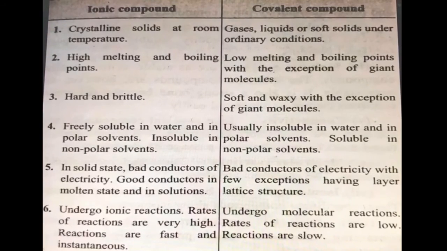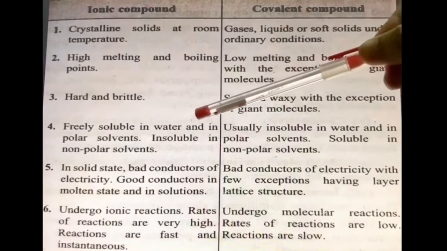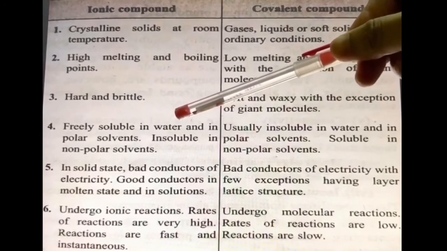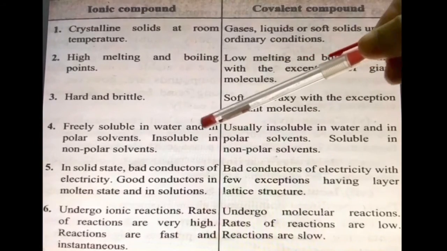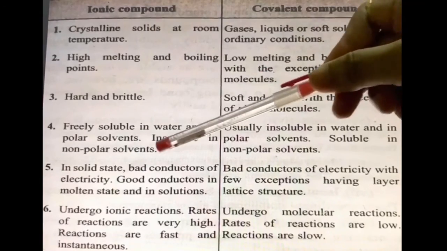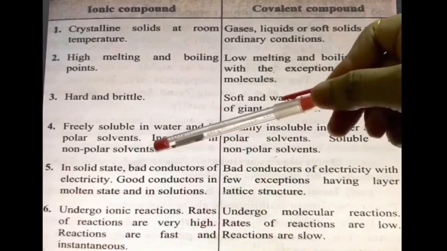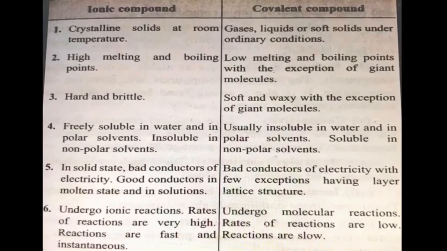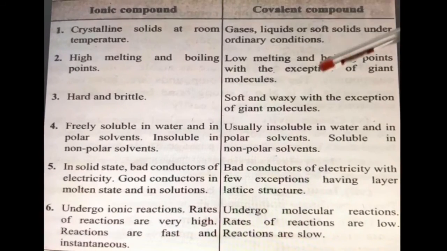Ionic compounds are freely soluble in water because water is a polar solvent, and insoluble in organic solvents, that is, non-polar solvents. Covalent compounds are usually insoluble in water and soluble in non-polar or organic solvents.